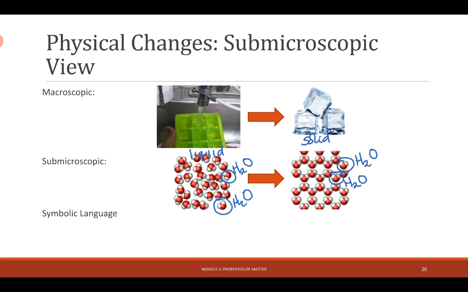So if we were going to represent this with symbolic language, we would represent this as H2O liquid, and then it's changed into H2O that's a solid. And so what did you start off with and what did it change into? The only difference here is not to the chemical formula, but just to the state of matter.